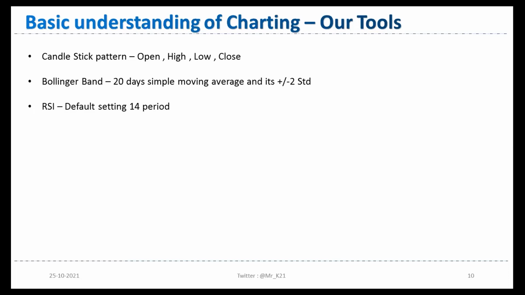Here again, we are taking the default setting. We are not making any change or playing with any kind of setting. The default setting is a 20-day simple moving average, with plus 2 standard deviation and minus 2 standard deviation. So these are the basics. You don't need to do anything with the Bollinger Band setting.